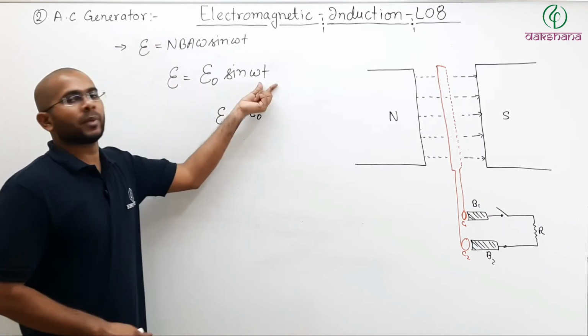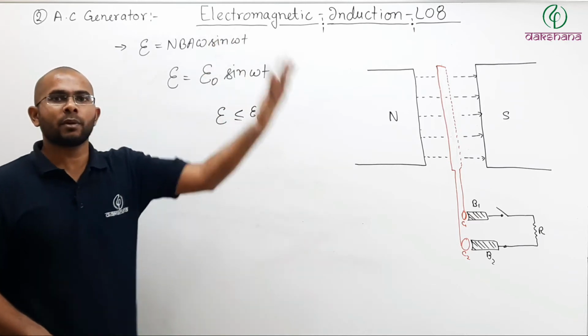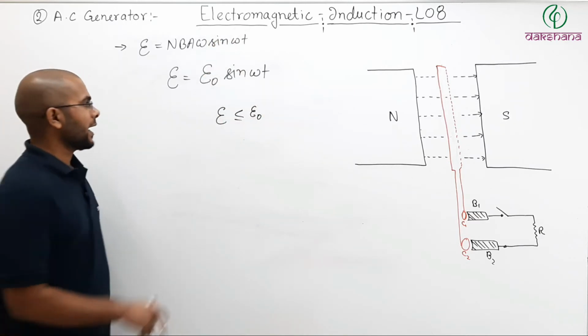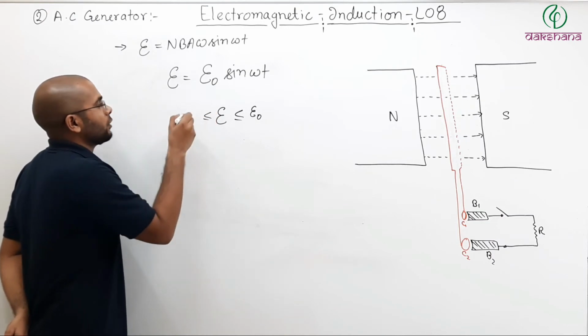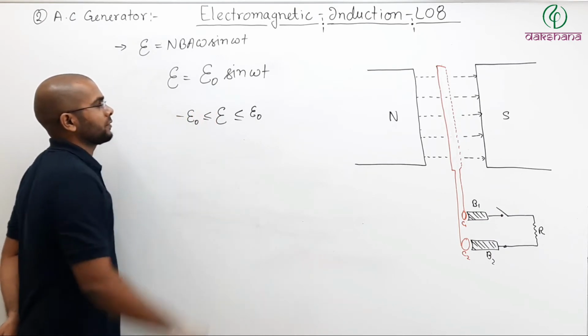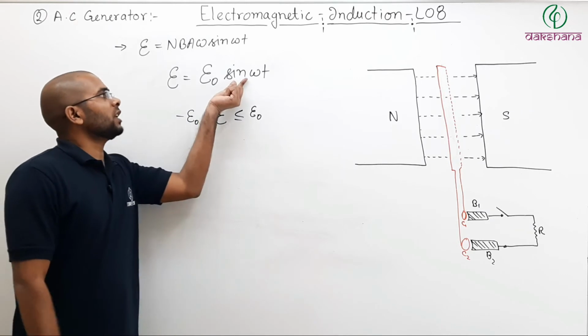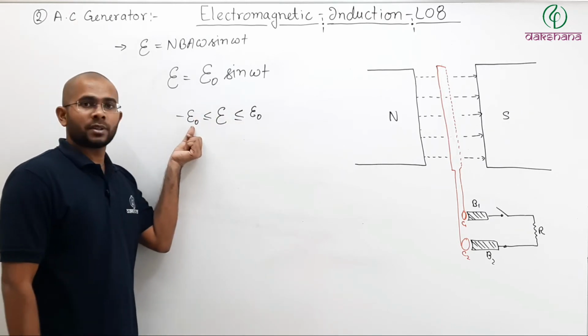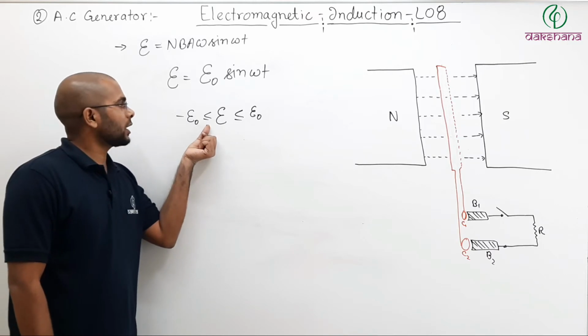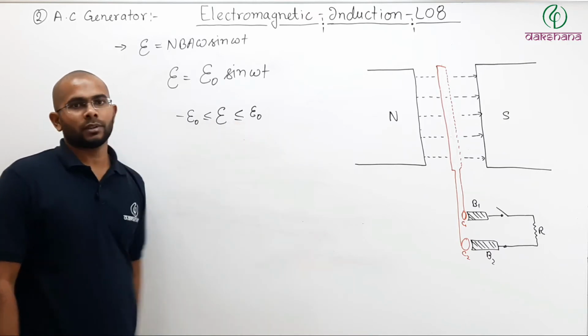Why? Because the maximum of sine omega t can be 1. And what can be the minimum value? This EMF should be greater than or equal to minus of E naught, because the minimum value of sine omega t is -1.